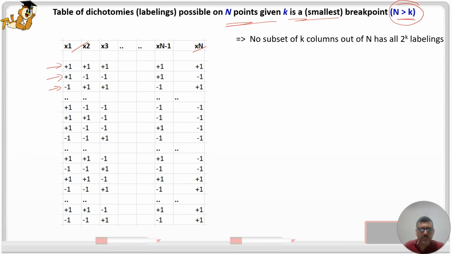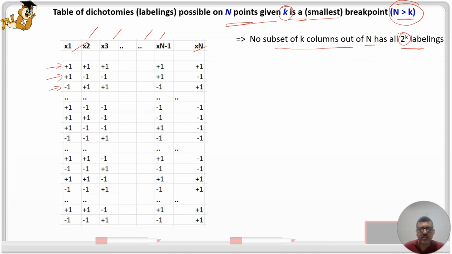Now, remember, if I say that k is a breakpoint, no subset of k columns out of n has all 2 to the k labelings. So what I am saying is that because k is a breakpoint, you cannot find k columns out of these n columns such that in those k columns you have all 2 to the k possible labelings.